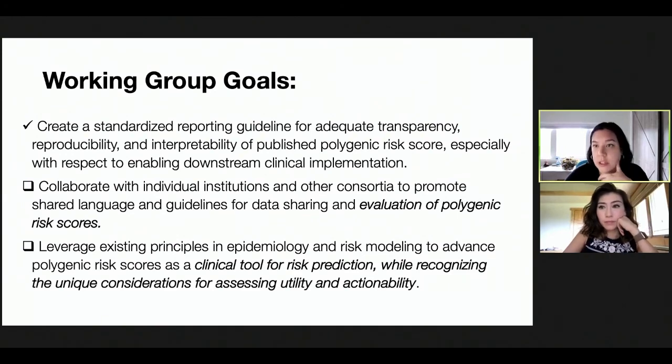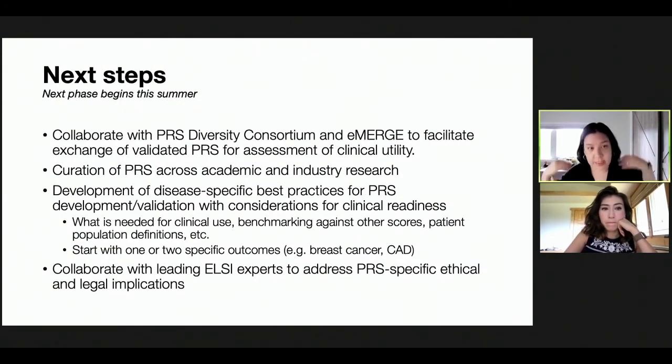So when we think about next steps, this starts this summer. We are tasked with collaborating directly with the PRS Diversity Consortium and eMERGE, with the idea being that we can facilitate bridging the gap between them. So the PRS Diversity Consortium will be focusing on the methods and development of risk scores in diverse populations of non-European descent.